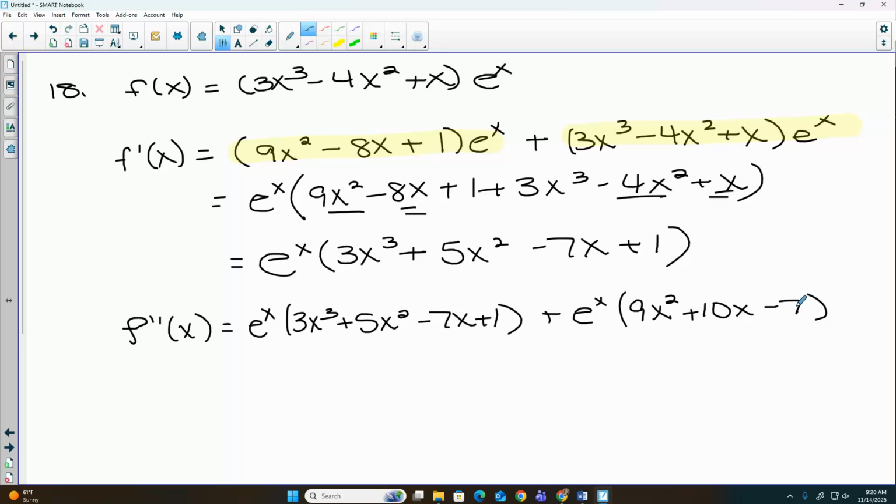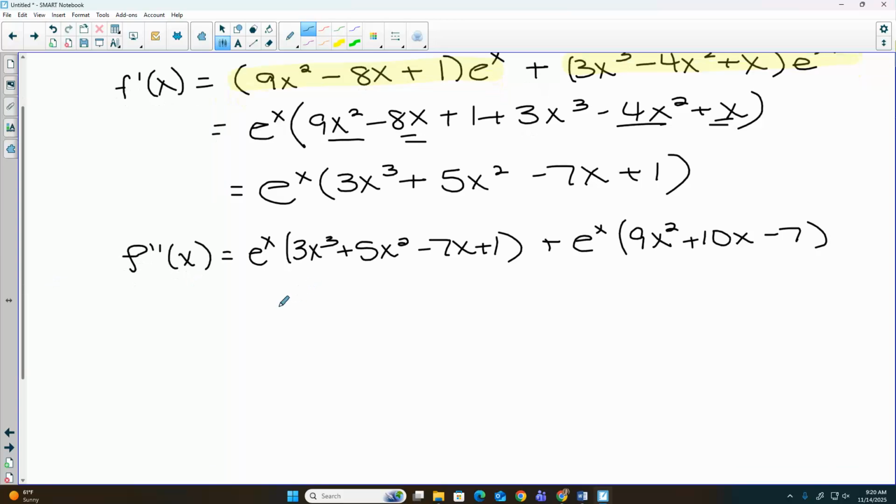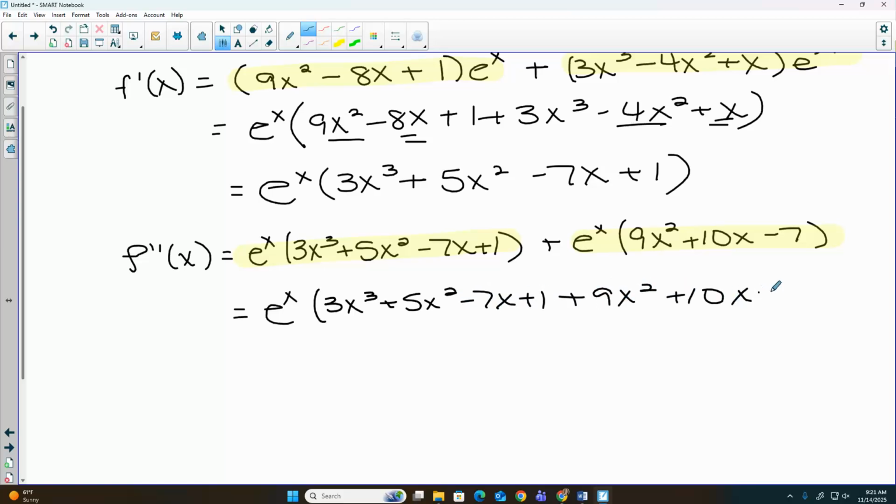Again, I do want you to combine any like terms, so what would we have to do here? So, yeah, either x's or just take it on the outside. Yeah, we have 2 terms, both have an e to the x, so if we take that out, and combine like terms, we have 3x cubed.